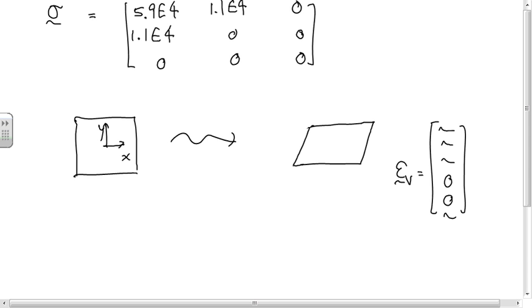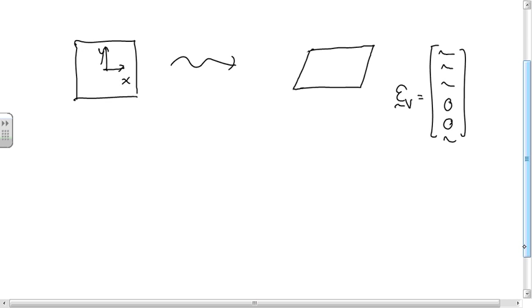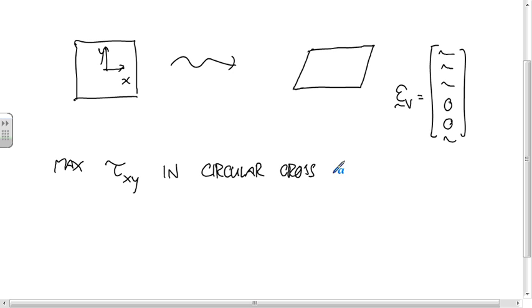All right, so there's only one other type of cross-section that we're able to calculate stresses due to shear force for, and that is for a circular cross-section. So we're looking for the maximum XY shear stress in a circular cross-section, and that occurs at the neutral axis.